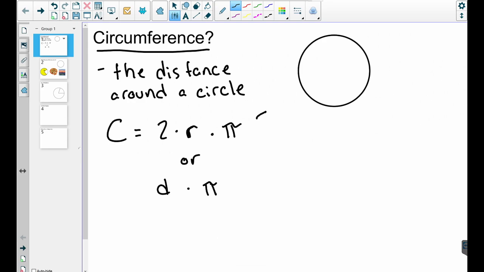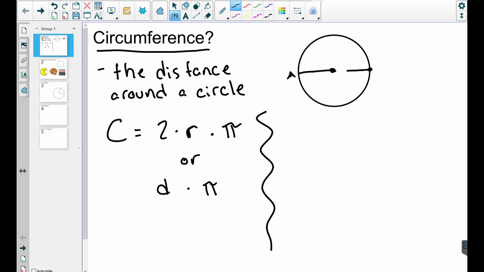Well, let's think back to what radius and diameter mean. A radius would be the line segment from the center point of the circle to any point on the circle. So, for example, this line here, we'll say it goes from A to C. That would be the radius. And then we said the diameter is the line that goes from one point on the circle to another point on the circle and goes through the center point.